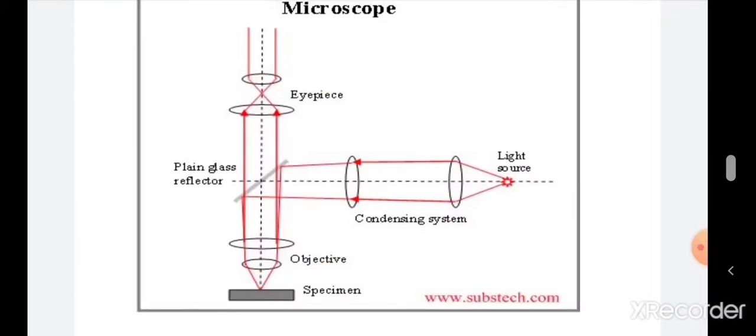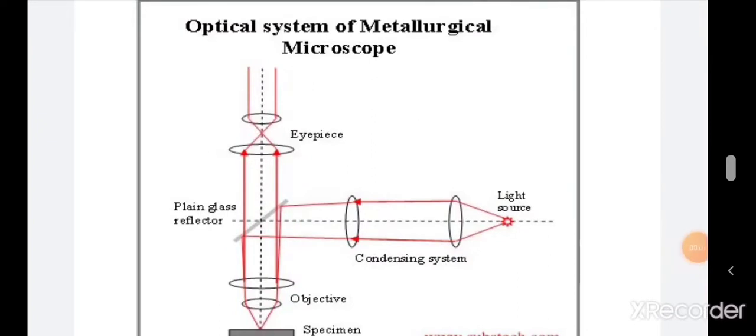After that, when we switch on the light, the rays coming from the light source come in contact with the condensing system, that is the collimating lens. When light rays come in contact with the collimating lens, they follow a concentrated path.